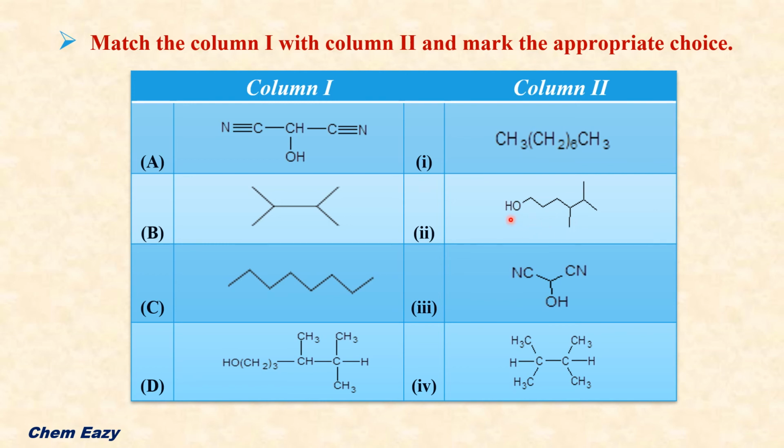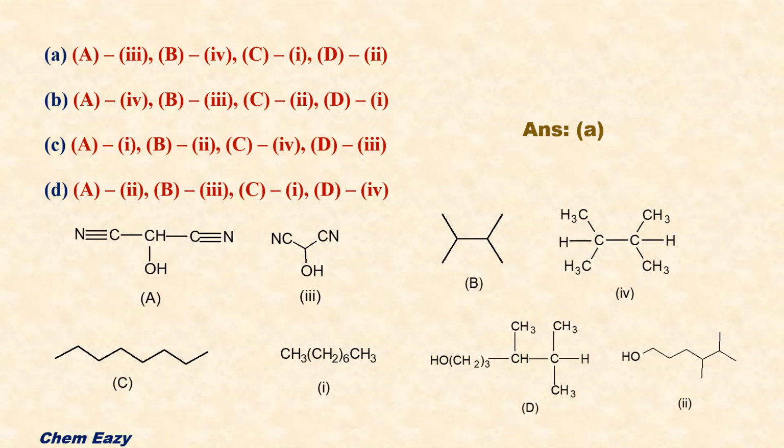Here a hydroxyl group is there, and here also a hydroxyl group is there. And here apart from carbon and hydrogen, this OH group is shown specifically, and this matches with structure D. Here I have given clearly which structure matches with the column 2 structure.